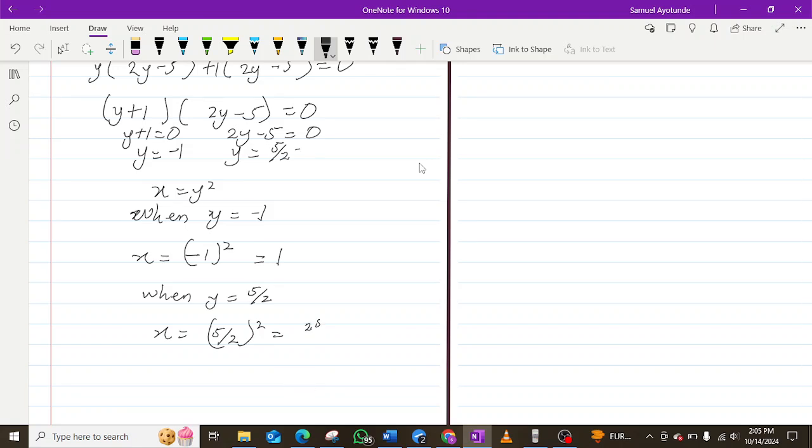So our answer, as coordinates x, y, will be: when x is 1, y is minus 1, and when x is 25 over 4, y is equal to 5 over 2. So that is the answer to the question.